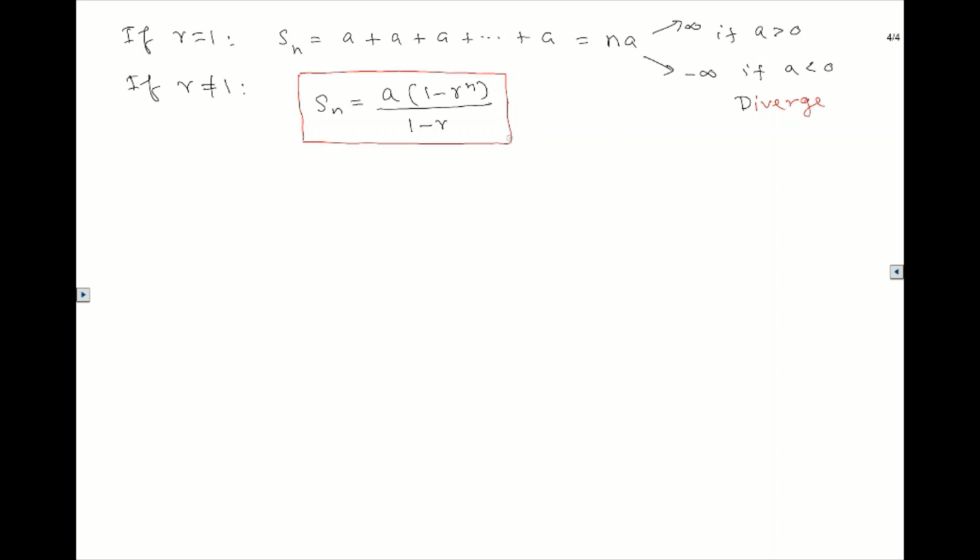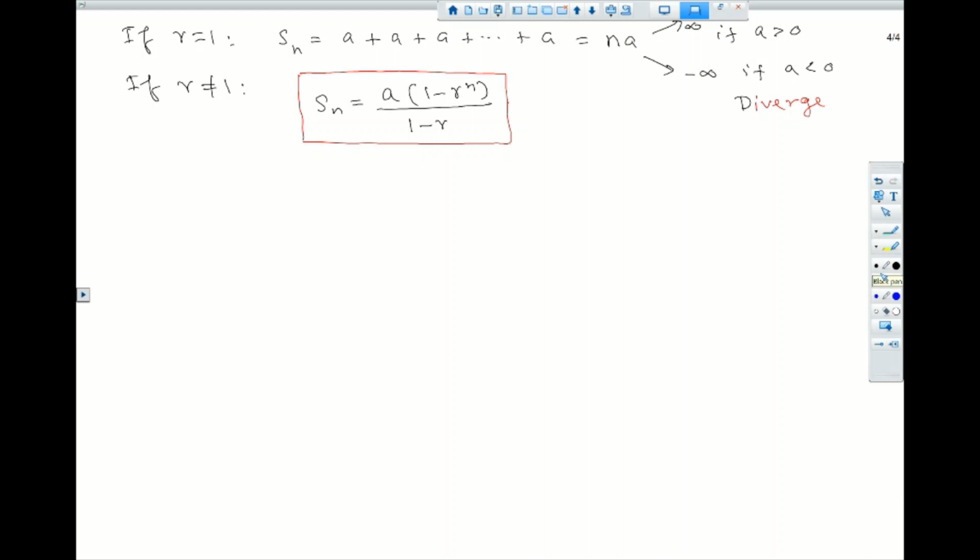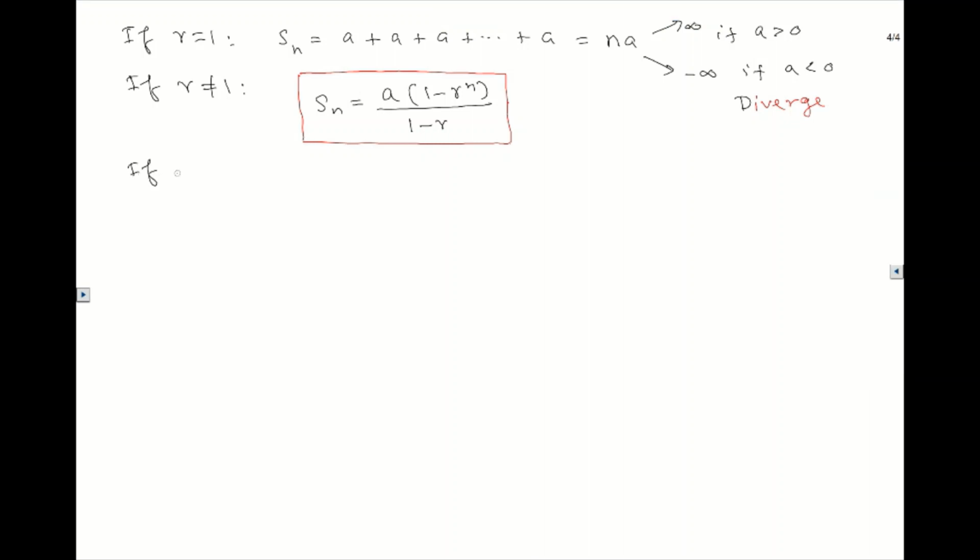Okay, now let's study two cases. If the absolute value of r is bigger than 1, what will happen to r^n? It can fluctuate.